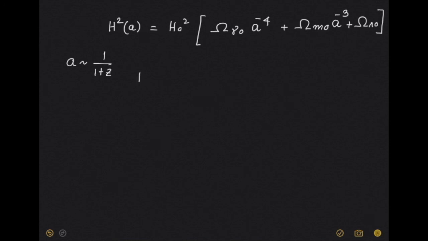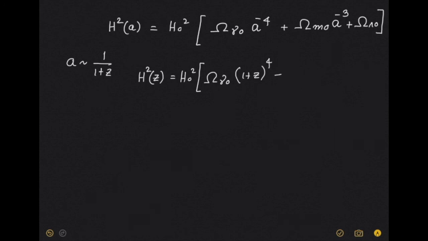So with some abuse of mathematics, I can write the same thing as h square as a function of Z equals h naught square omega gamma naught (1 plus Z) to the power 4, plus the other terms. Right.